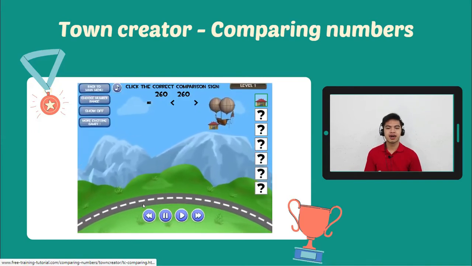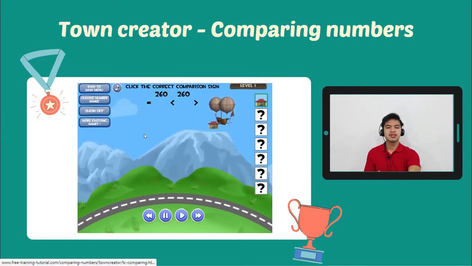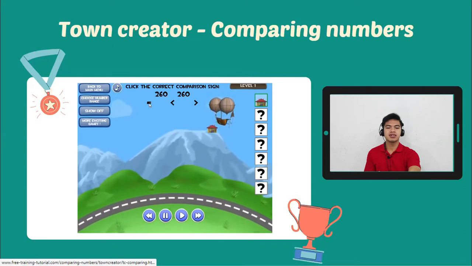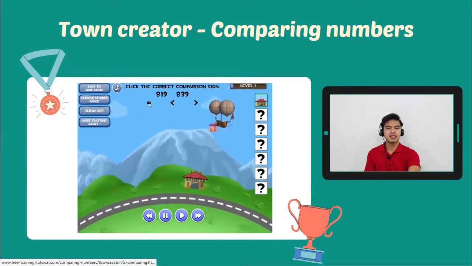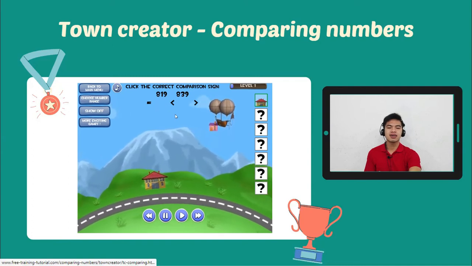Click the correct comparison sign. 260 blank 260. The answer is equals because 260 is equal to 260. 819 is blank 839.